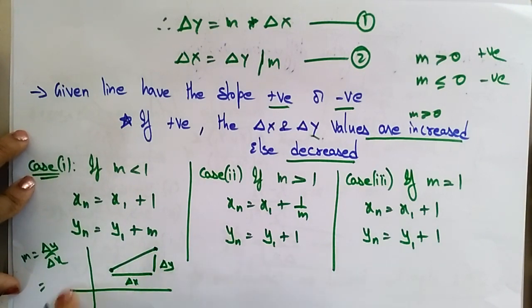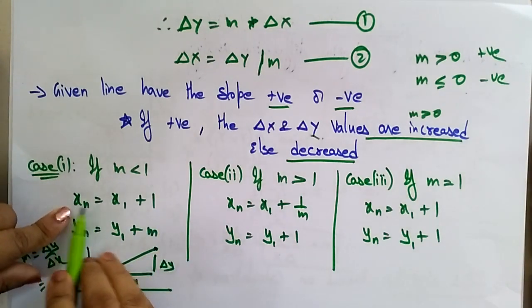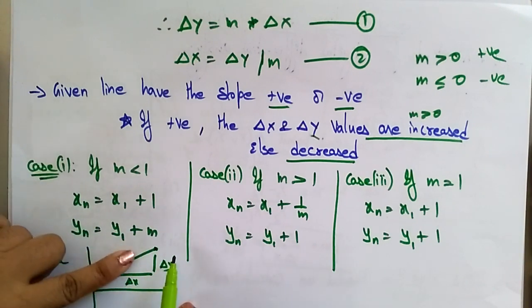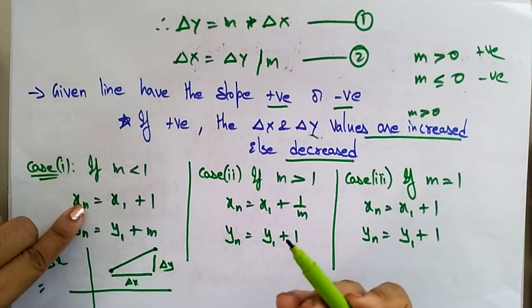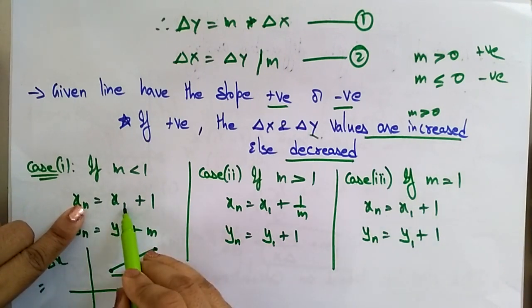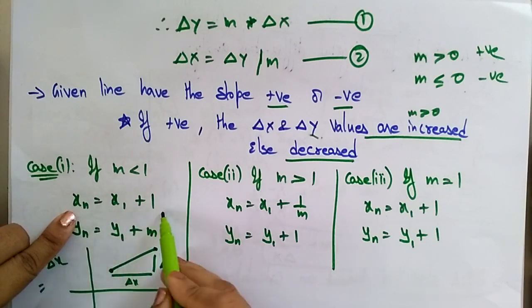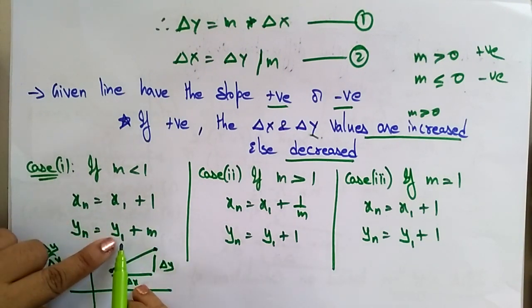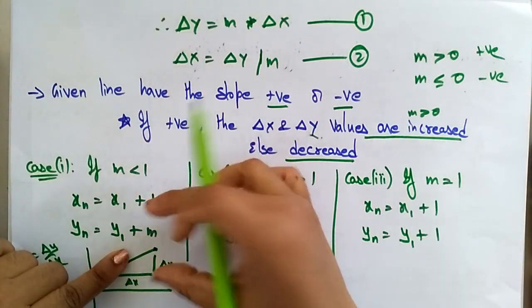Then the new coordinates are xn = x1 + 1 and yn = y1 + m. The new x value is the previous value plus 1, and the new y value is the previous y plus m. So this is the case for m less than 1.